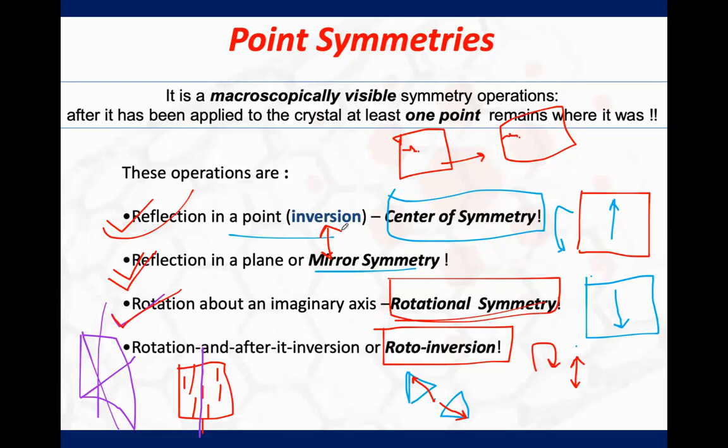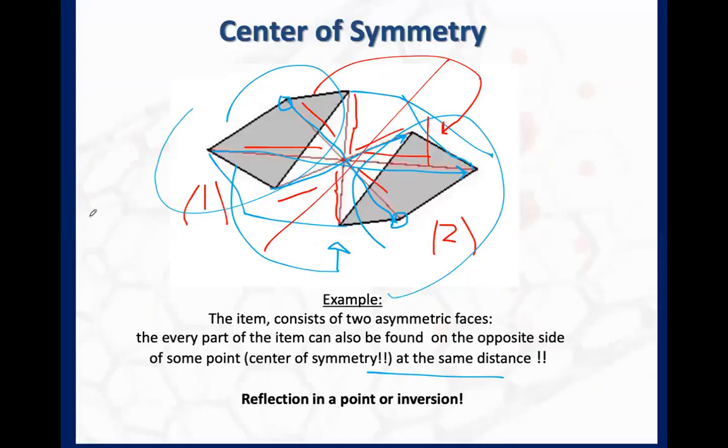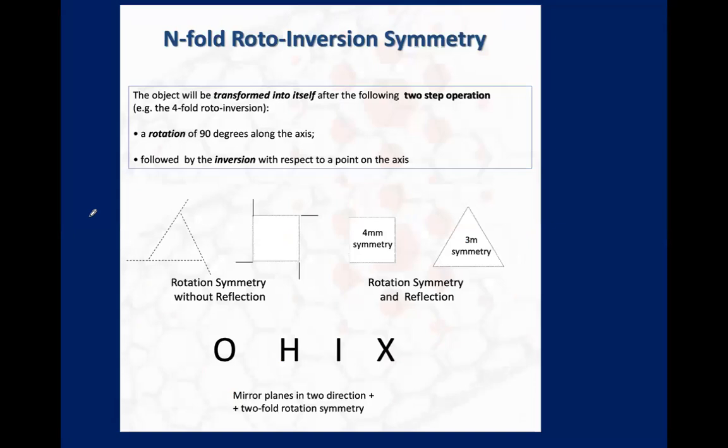Then we looked at rotational symmetry as well. And the other one is roto-inversion. So what was that? Rotation and inversion, both. You have to rotate the object and you have to invert it. Rotation and inversion, roto-inversion. So we'll see what roto-inversion is.